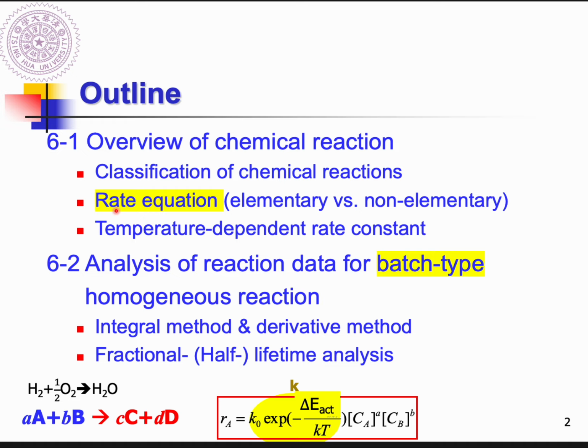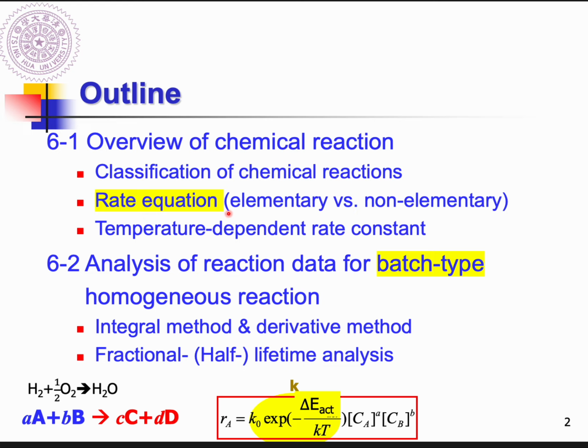The most important part here is that a chemical reaction is also a kind of kinetics process, and we care a lot about how to describe whether the chemical reaction is fast or slow. The rate equation can be an indicator of how fast or how slow the chemical reaction is.